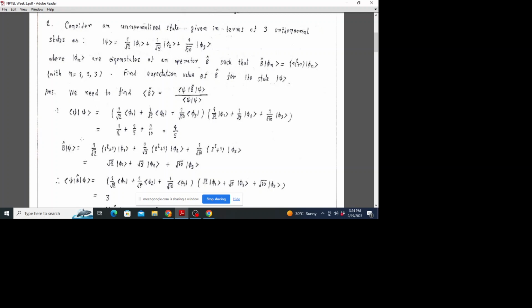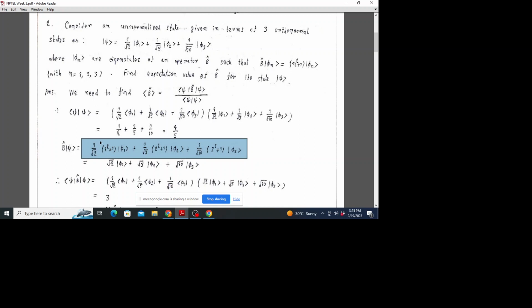That means they act separately on all the constituent kets, since we construct this psi by linear combination. So B acts on all the basis kets separately and linearly.